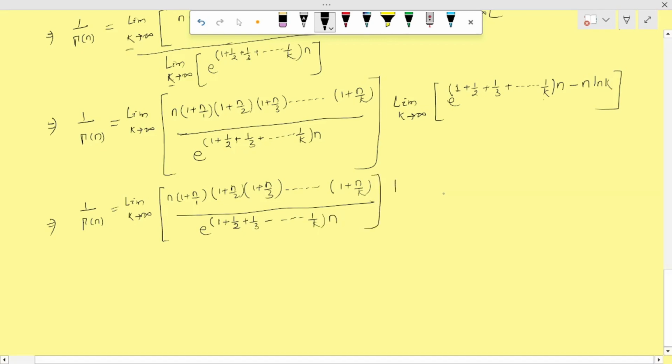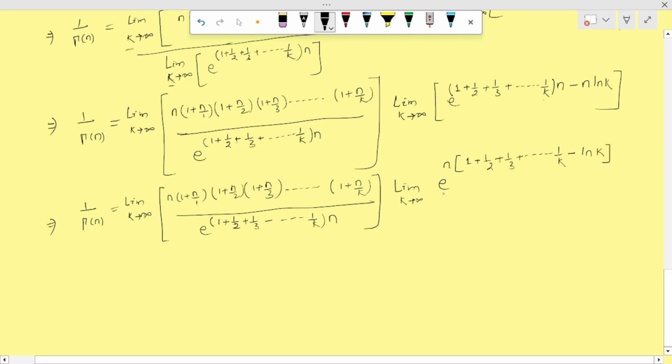Here limit k tends to infinity, here exponent to the power this much n minus n ln k, so n I can take common. If I take n common, this will be written as exponent to the power n whole into (1 plus 1 by 2 plus 1 by 3 plus up to 1 by k minus ln k).